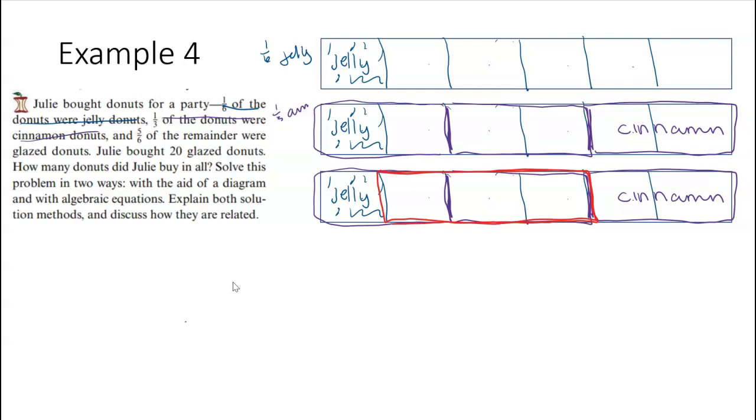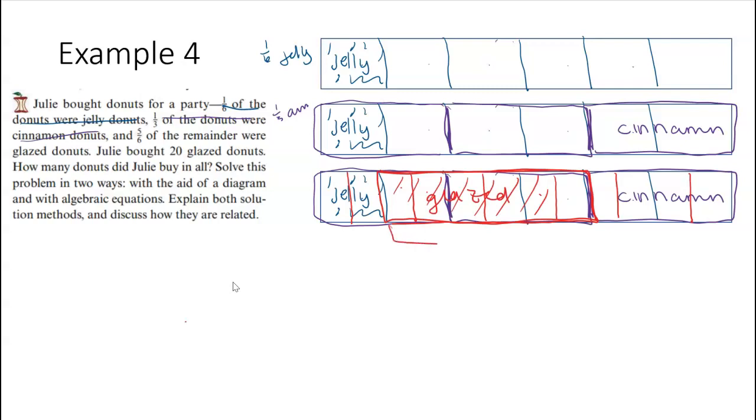Well, we only have 3 pieces right now. But if we were to cut these 3 pieces in half, we would get 6. And so let's do that everywhere. So we're going to cut these 3 pieces in half. And so we just cut all of our pieces already in half. So now 5/6 of these, 1, 2, 3, 4, 5, are glazed.